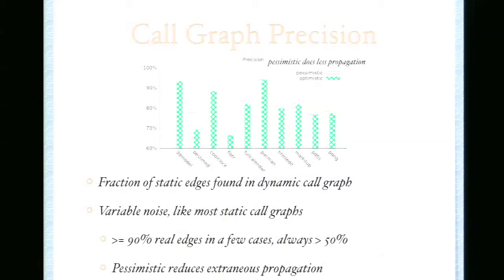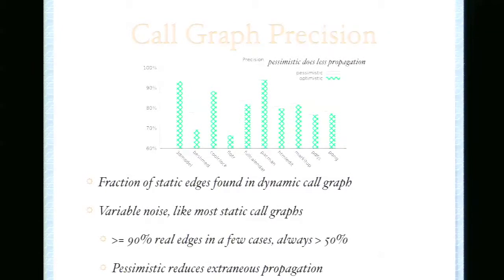There may be other runs that could generate more edges, but you run as best you can, you play with an app for a while, stuff like that. So basically what we're looking at is the fraction of the static edges found in the dynamic call graph. Of the edges we think are possible, what fraction did we see?